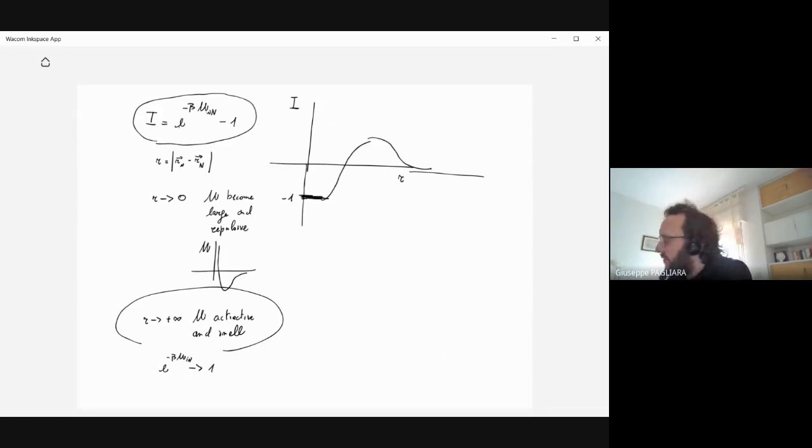So typically, this function has the following shape. It is -1 in the limit of r small. It goes to 0 when r is going to infinity, and will actually increase for a while due to the fact that the potential is repulsive at short distances and attractive at large distances. Now, this is to say that basically the potential, at some scale, does not exist anymore.